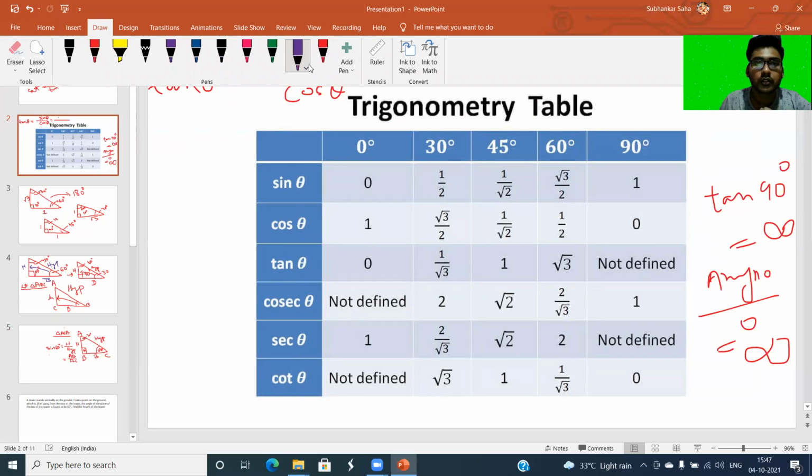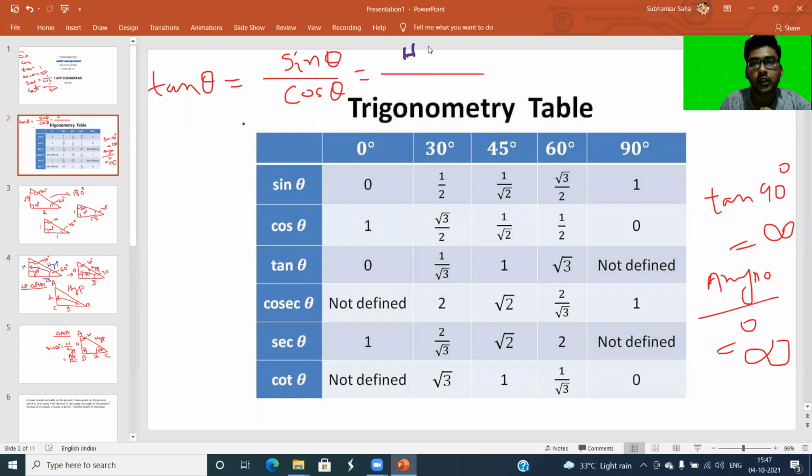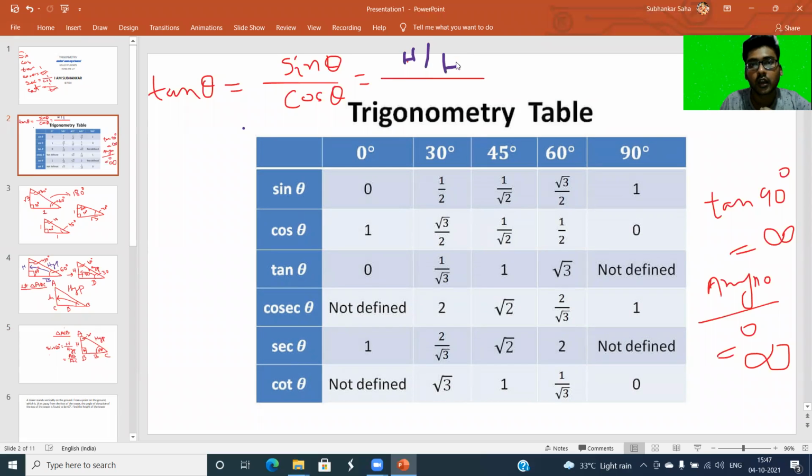Sin theta means height divided by hypotenuse, and cos theta means base divided by hypotenuse. The hypotenuse cancels, so tan theta means height by base.